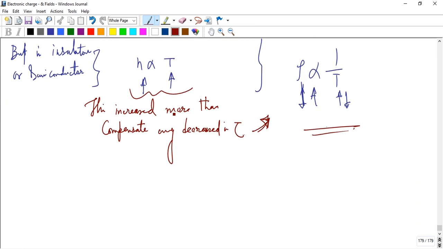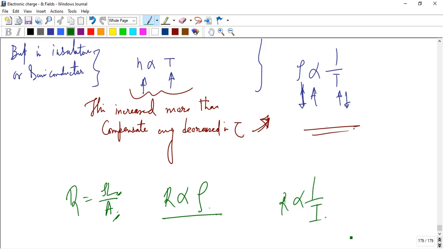We know that R equals rho L by A, so R is directly proportional to rho. The other two factors are the length and cross-section area of the conductor, but if these two are constant, rho is directly proportional to R. And from Ohm's law, R is inversely proportional to current.